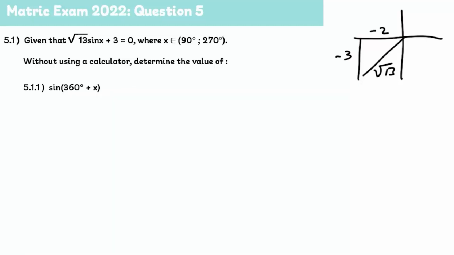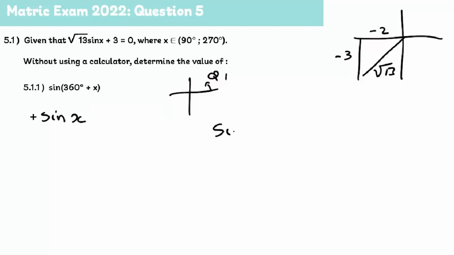Now we can go to 5.1.1, and it says sin, open brackets, 360 plus x. If we look at the graph, it's 360 plus x, so we're falling in quadrant 1. Therefore, sin x is equal to a positive value, because it's in quadrant 1. So it'll equal positive sin x. Now that we know there's a positive sin x, we can look at our graph on the top right.